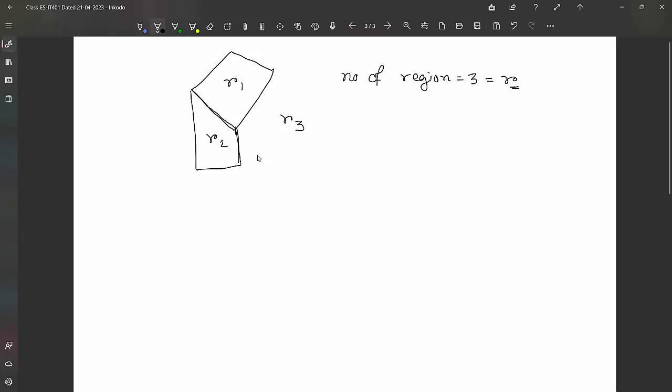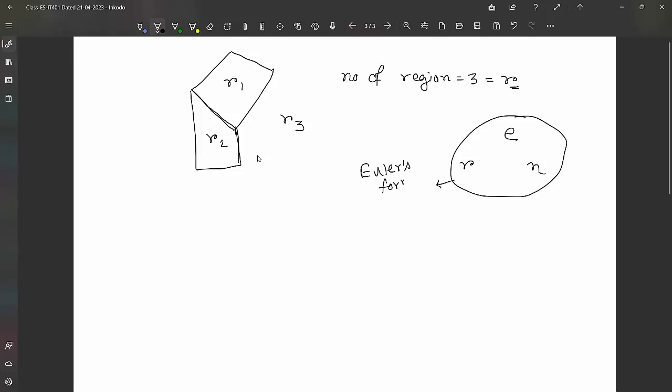The Euler formula connects the number of regions, the number of edges and the number of vertices of a graph, so you will see one relation between R, E and N.